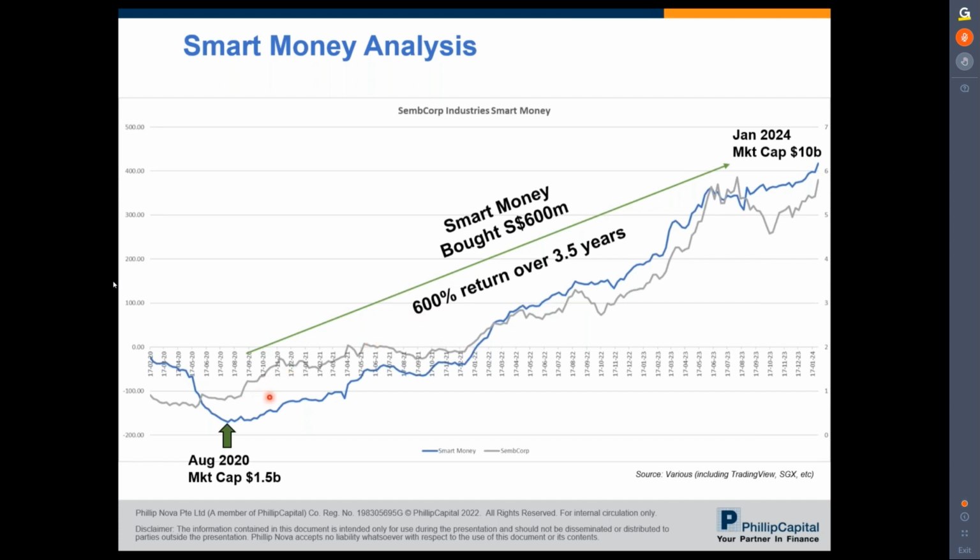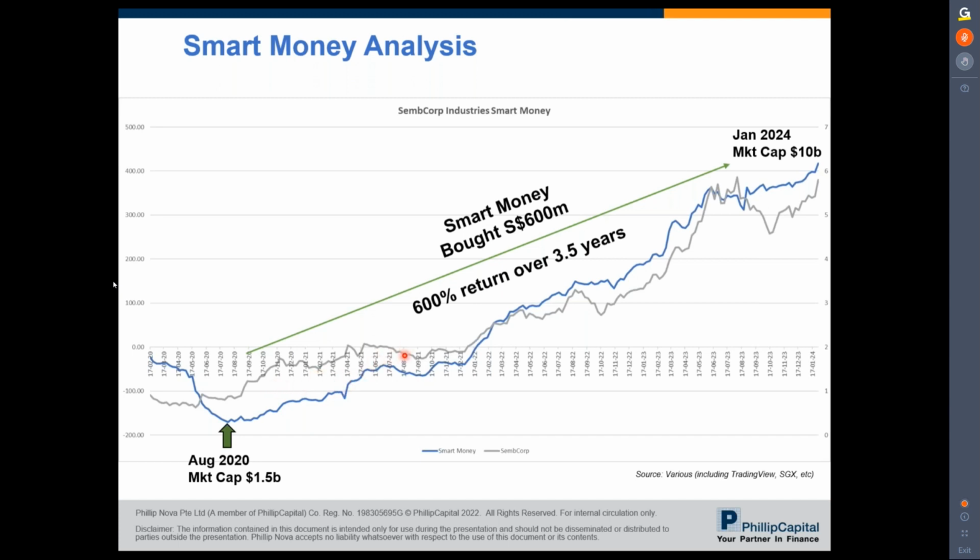And interestingly, by looking at fundamental analysis, if you look back into the books of Sembcorp Industries back in 2020 or even 2021, you're not going to find that the books look very, very good, because at that point in time, the balance sheets and income statements would still very much include its ownership of Sembcorp Marine.